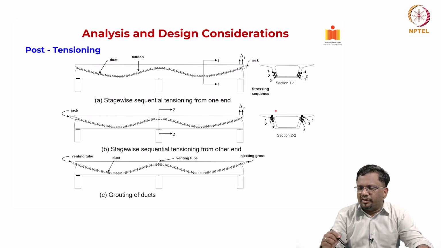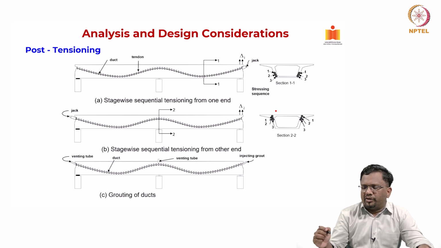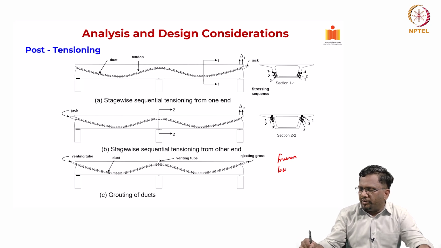So here you can see a typical box girder that is being post-tensioned, and as you can see in post-tensioning, because of the friction, losses are going to be significant.